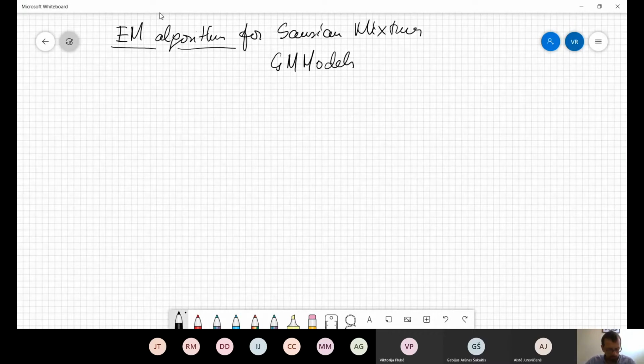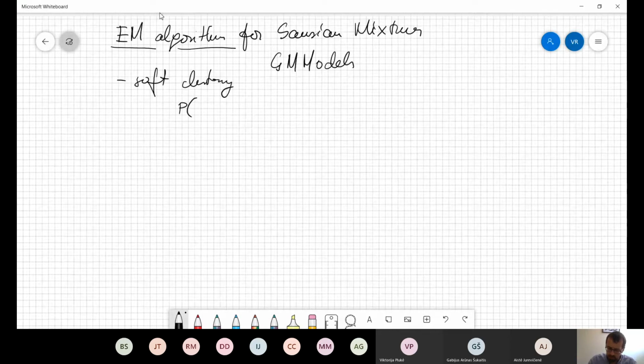Actually, I have to make one note that there exists soft clustering. So this is basically soft clustering where we look at the probability of the cluster K, the probability to be in cluster K, given the observation Xi.